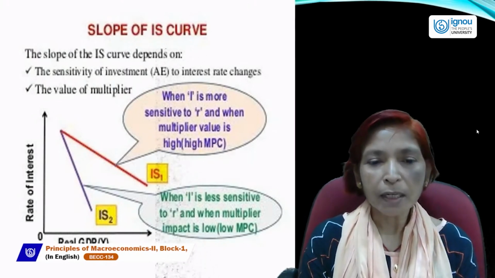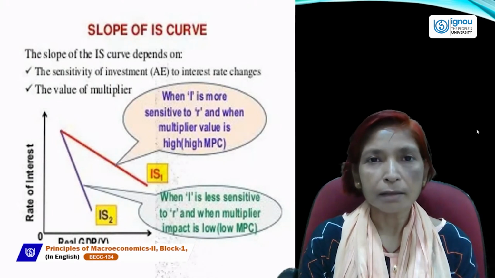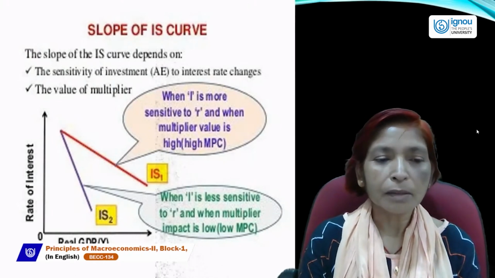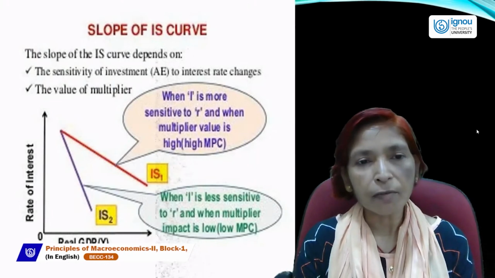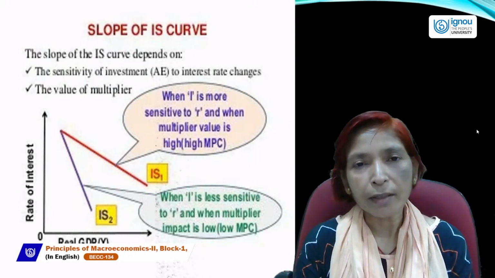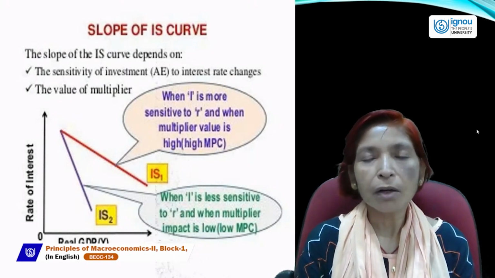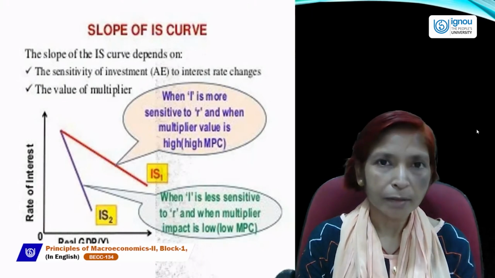When investment is more sensitive to the rate of interest and the size of the multiplier is higher, then the IS curve will be flatter. And if investment is less sensitive to the rate of interest and the size of the multiplier is lower, then the IS curve will be steeper.